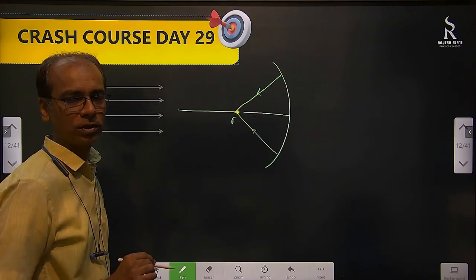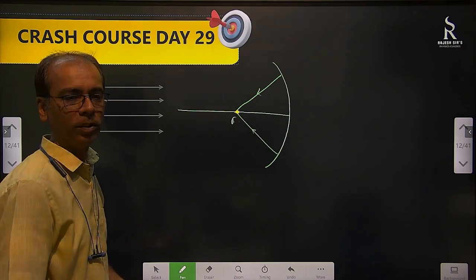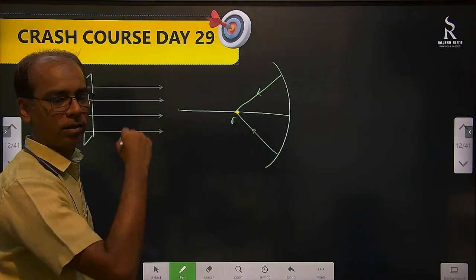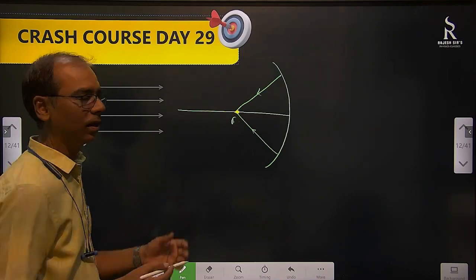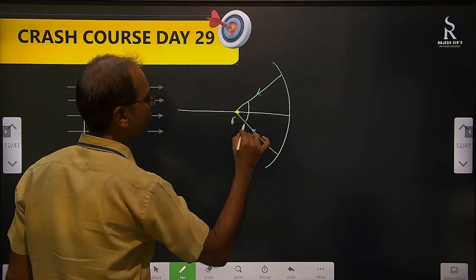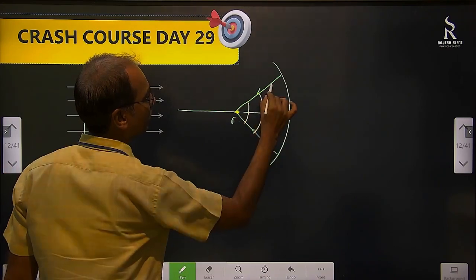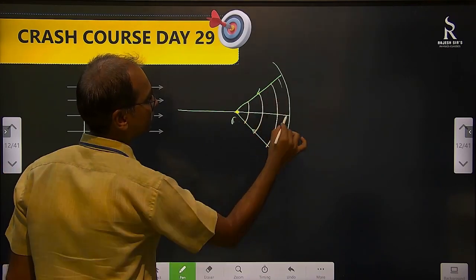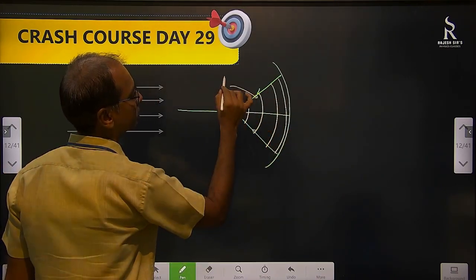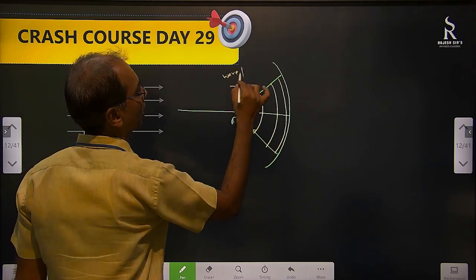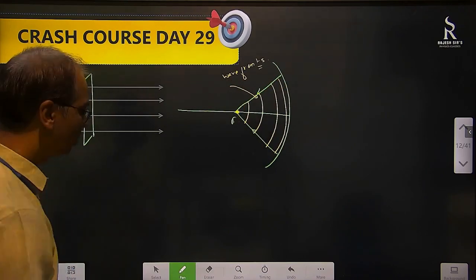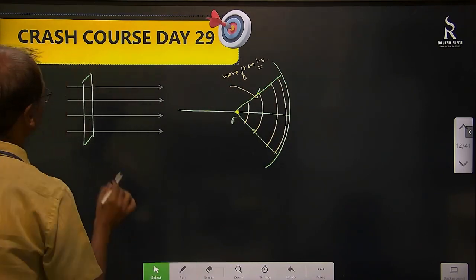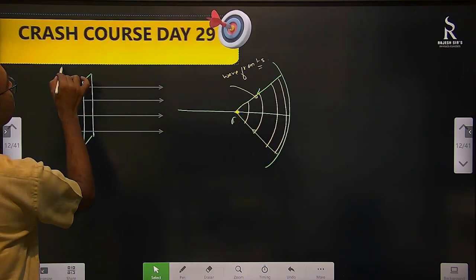Consider this as the source now, though the convergence is actually here. From here, how will the wavefront be? Spherical, because this is a point source now. From a point source, what type of wavefronts are possible? Spherical. So it will come like this. These are the shapes of the wavefronts, exactly similar in length also. Now you must have understood how to make it.